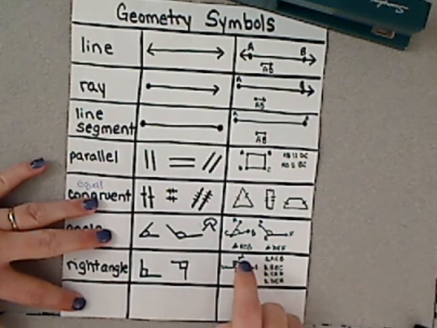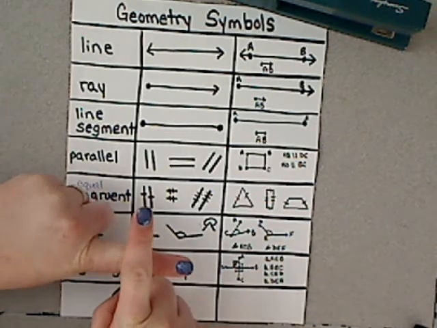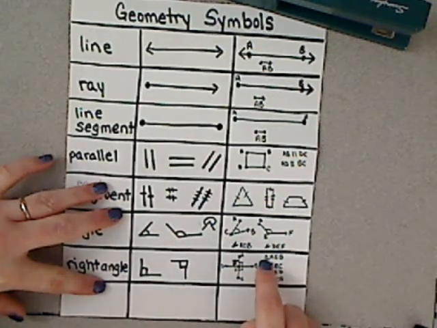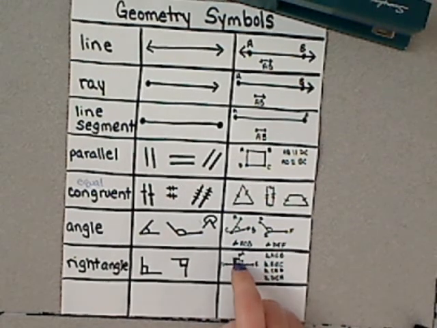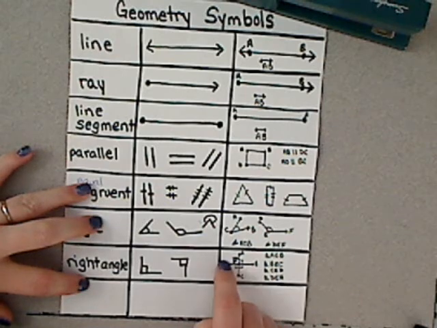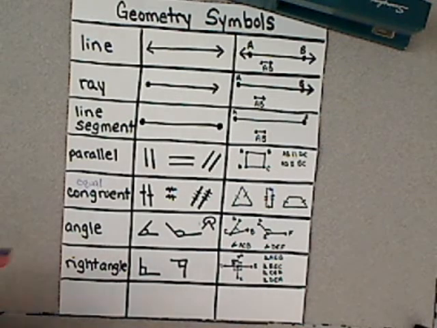We have lines AEC and DEB that create a perfect cross, a perfect X. You have a right angle AEB, right angle BEC, right angle CED, and right angle DEA. All of those create a right angle, no matter which direction you're looking at it in.